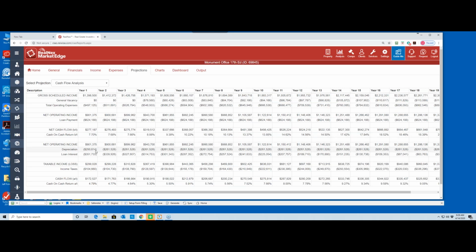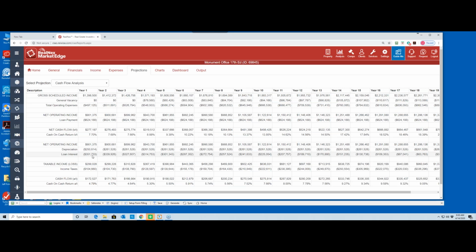And then some calculations for tax purposes. We have our net operating income minus depreciation, because we can, for tax purposes, depreciate the property. I think we had 39 years as the depreciable life on this, since it's an office property. It's 27.5 years for residential, 39 years for non-residential property.